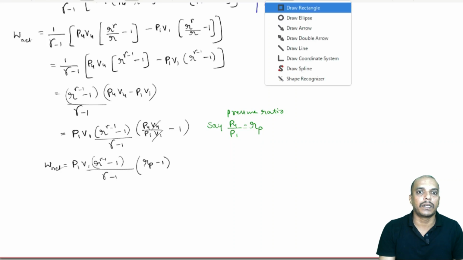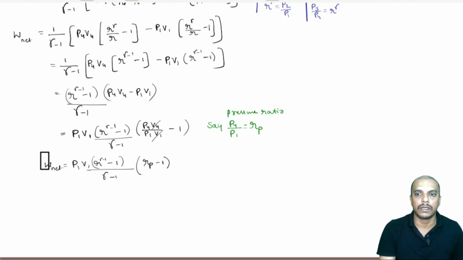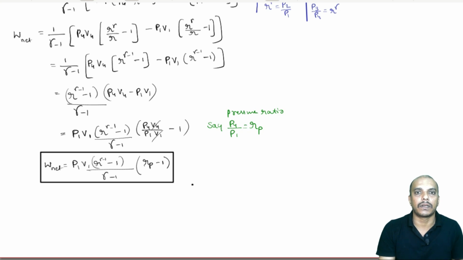Now we will go back to our equation 1 where we were. Let us call this equation 2. What we have done is we have got an expression for work net in terms of compression ratio and pressure ratio. Now substitute this in equation 1.